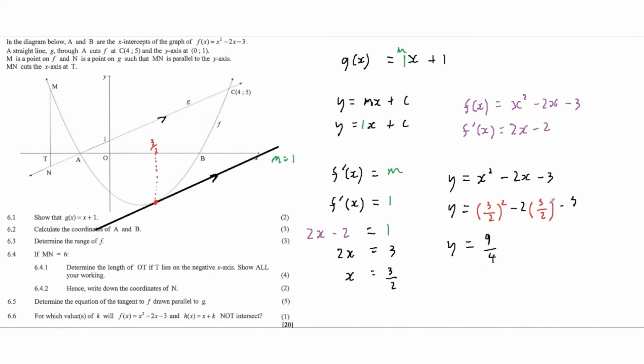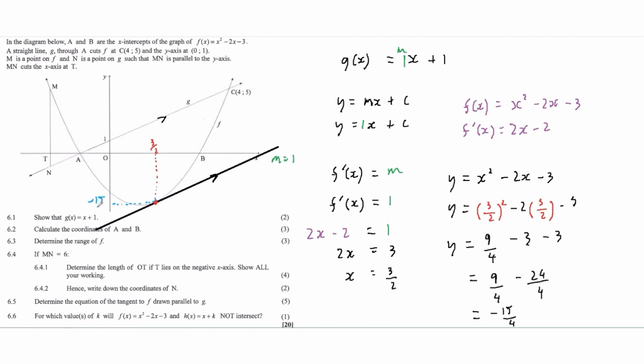Negative 2 times 3 over 2 is negative 3, minus 3. Negative 3 minus 3 is negative 6, times 4 is 24. So this will be 9 over 4 minus 24 over 4, and 9 minus 24 is negative 15 over 4.